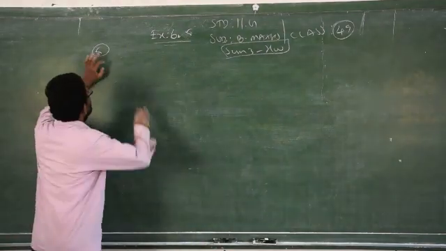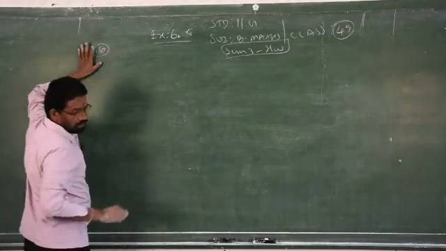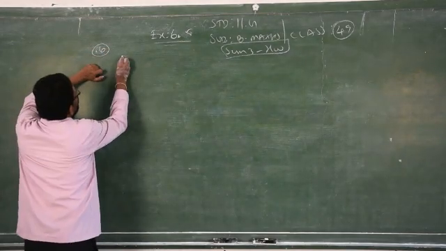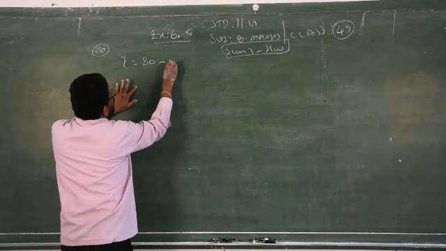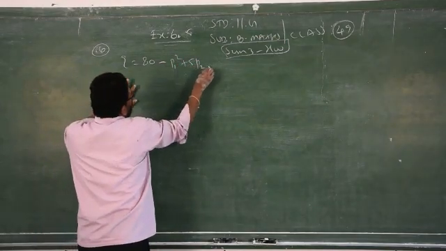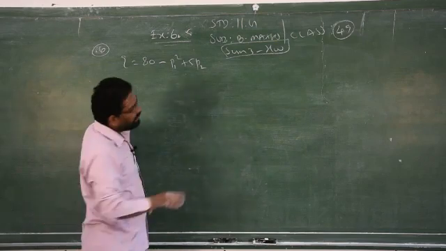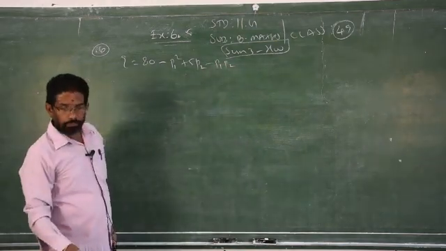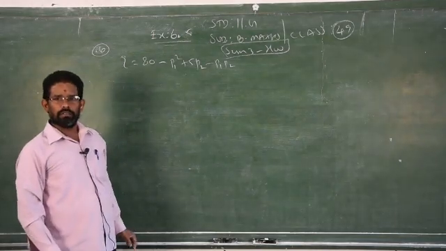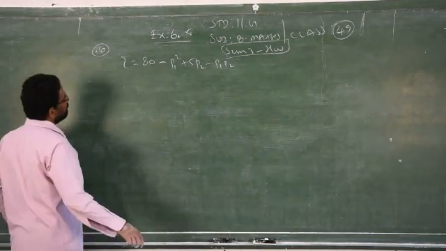Now sum number 6, the last one of this exercise, 6.1: Q is equal to 80 minus P1 square plus 5P2 minus P1 P2. Boys, you study question number 5 and 6, including example number 6.3.